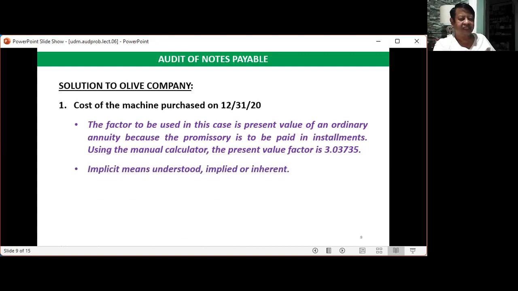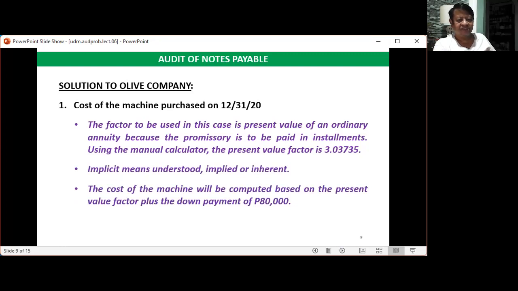So the 12% interest mentioned in this problem is called implicit. Implicit means it is understood, implied, or inherent that this is the interest rate prevailing in the market.